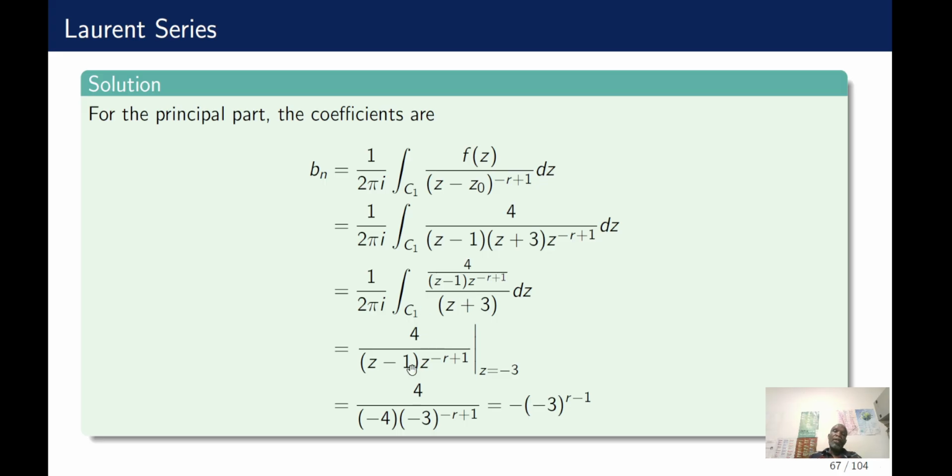If you use the Cauchy integral theorem, it is just evaluating the numerator of this, and you substitute z equals minus 1. If you substitute that, you get this as just being minus z over 3, because you are going to have minus 3 here.